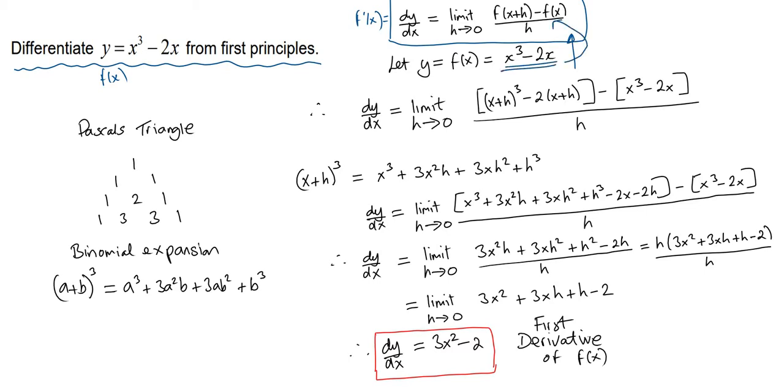So f(x plus h) is just going to be this, (x plus h) cubed minus 2(x plus h), minus f(x), which is just this. One of the things that people get to this stage and then start messing up is that this expansion here is just a binomial, so you can just use Pascal's triangle and the binomial expansion.